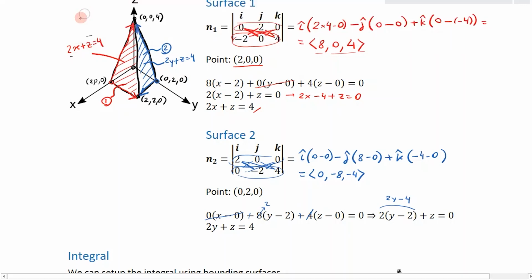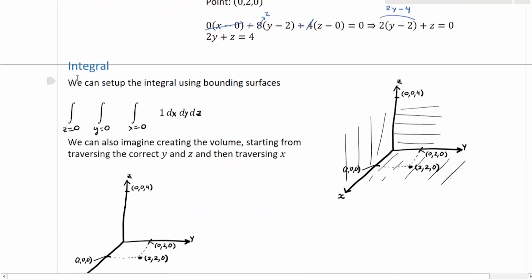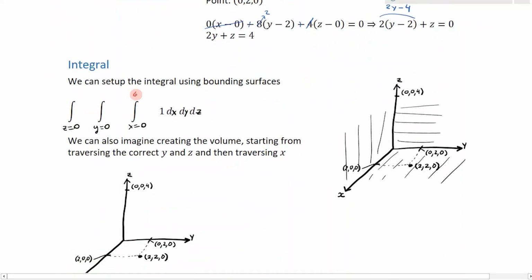Let's rewrite it so that we can write x in terms of z. So we have (4 minus z) over 2. This would give us this surface.